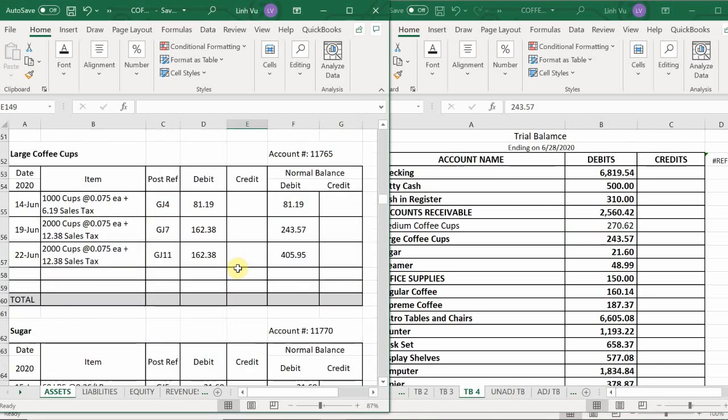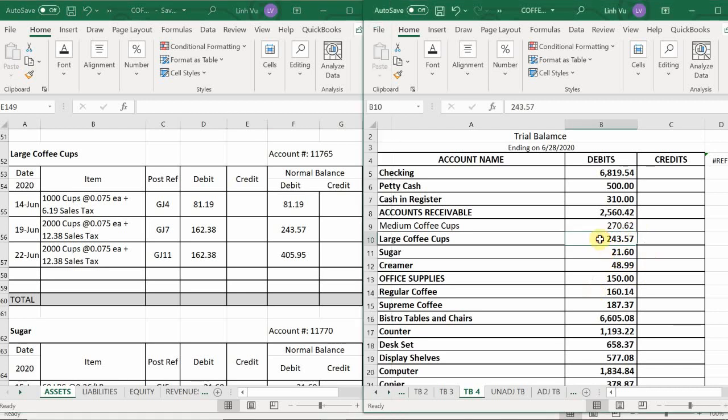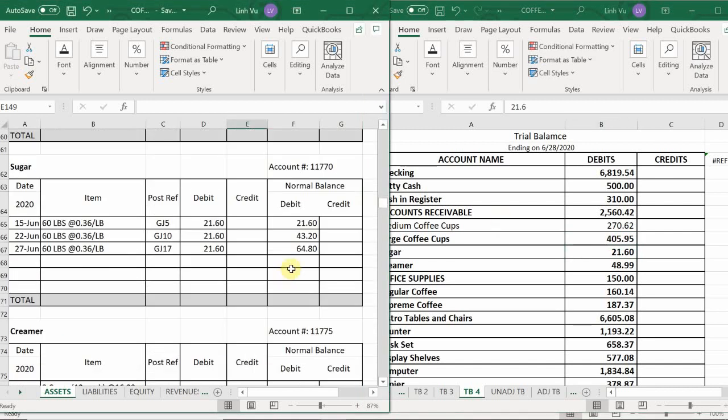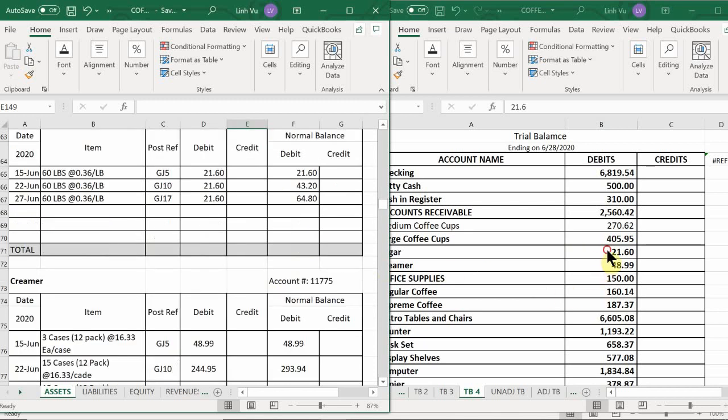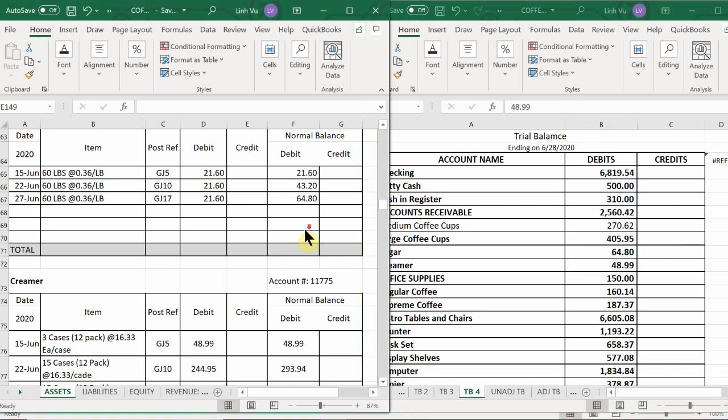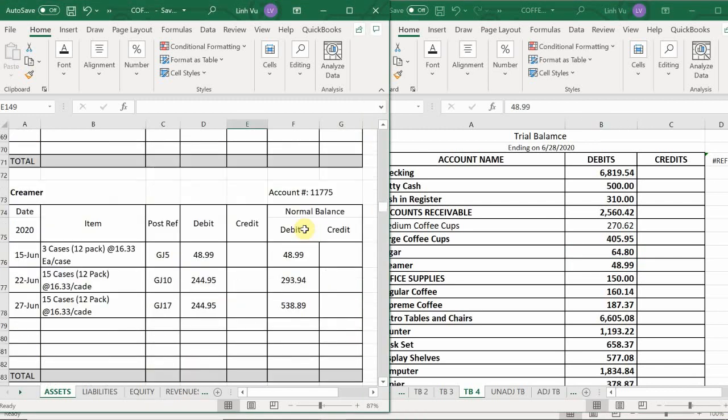My large coffee cups, 405.95. Okay. My sugar, $64.80.